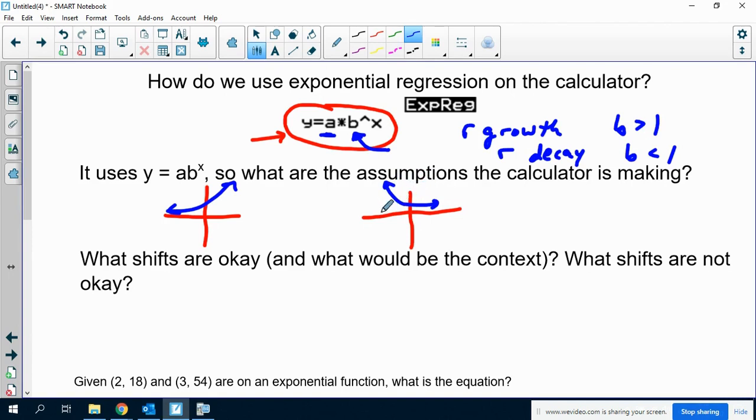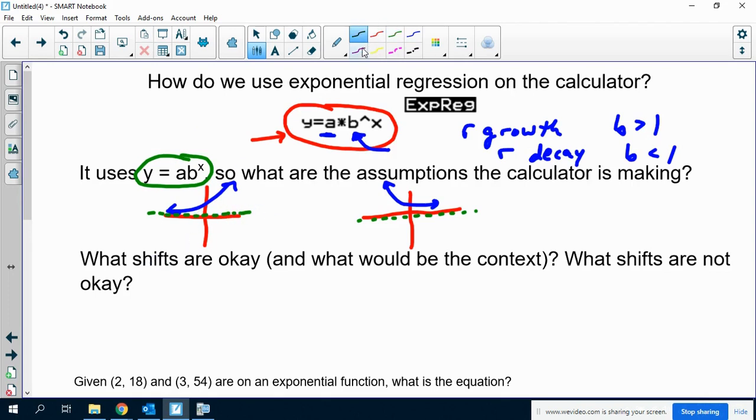And so, therefore, I need to make sure that I'm fully aware that the asymptote is always 0, because we don't have in this equation any vertical shift. So, because the calculator is not assuming any vertical shift, we have to keep this in mind.